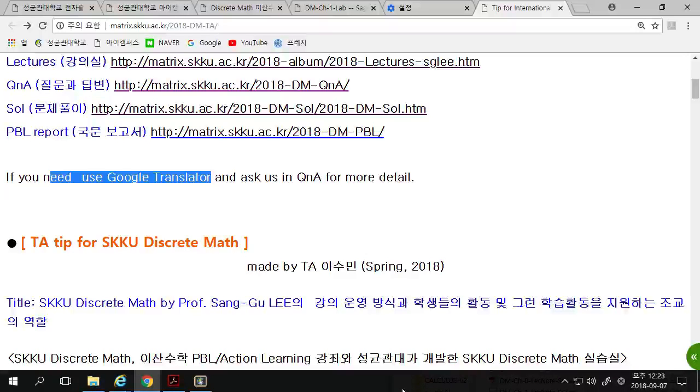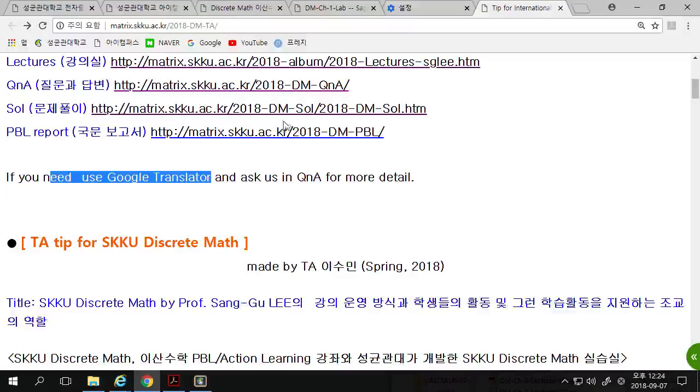Then at least you will understand what it is, because this is math problem, so it will be clear. It will be much easier to understand how the logic proceeds. If you do not understand the broken English, then you can ask it in Q&A of iCampus, so I can help you to deliver the correct concept and the steps.